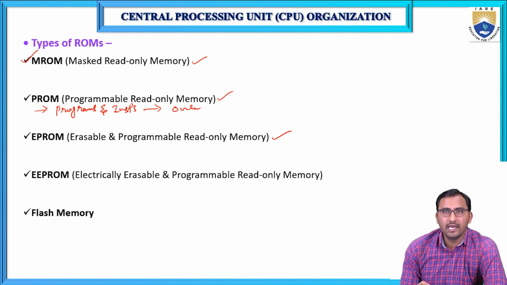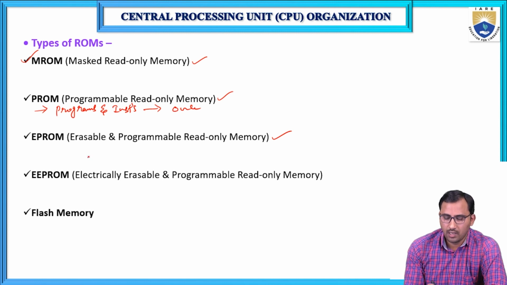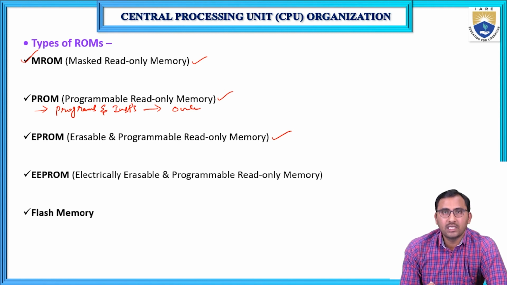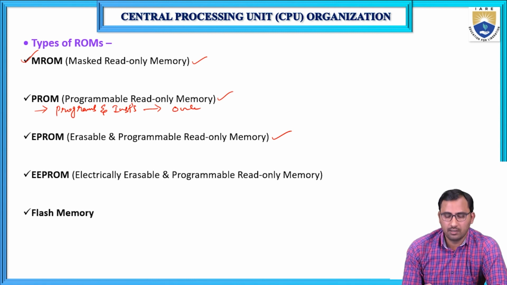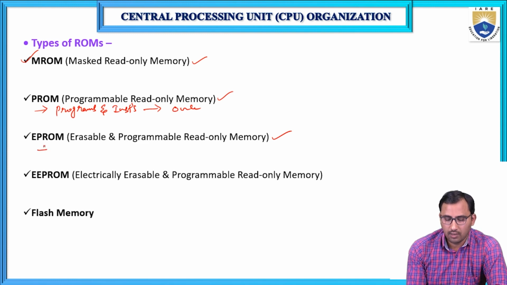Many times we can write a program into this memory and erase it. So this erasable programmable read-only memory, we can erase by exposing the EPROM to ultraviolet light for approximately 40 minutes.